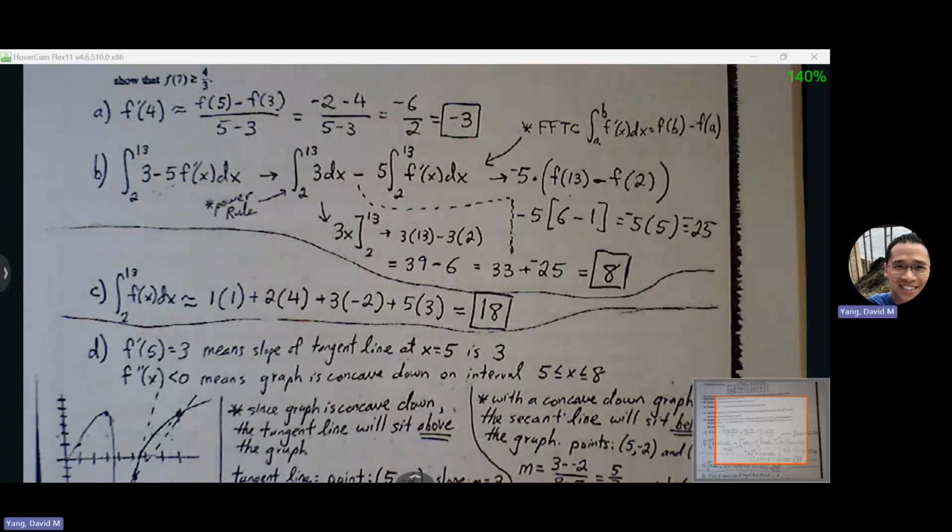For part D, what they're trying to get us to do is they mentioned line tangent and line secant to the graph.